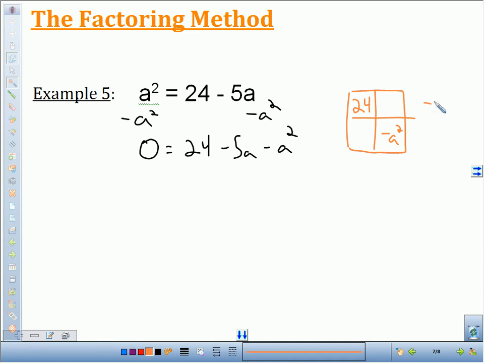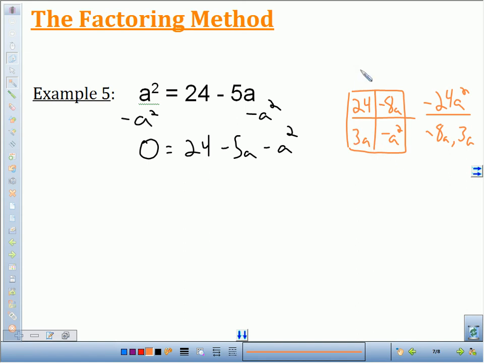We need the factors of negative 24a squared that add up to negative 5a. And those would be negative 8a and 3a. Negative 8 times 3 is negative 24. Negative 8 plus 3 is negative 5. So negative 8a and 3a.